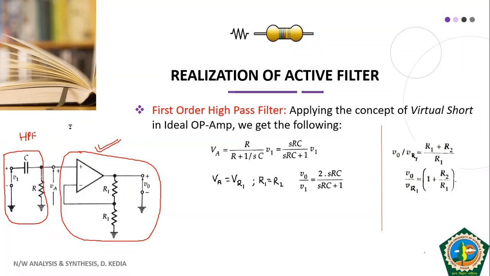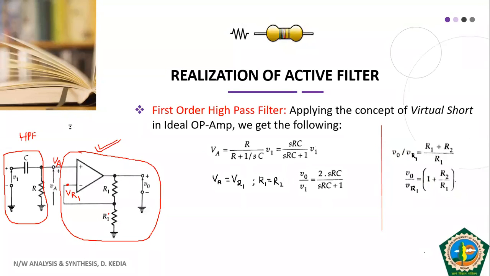The same kind of analysis that we discussed for the low pass filter will apply here. What we have to obtain is VA on the non-inverting terminal and the value of VR1 at the inverting terminal. The value of VR1 will be the same as we obtained in the low pass filter.